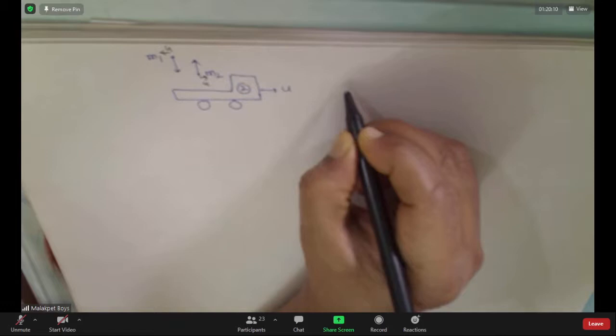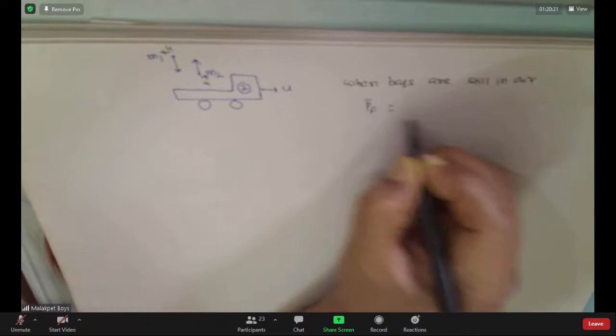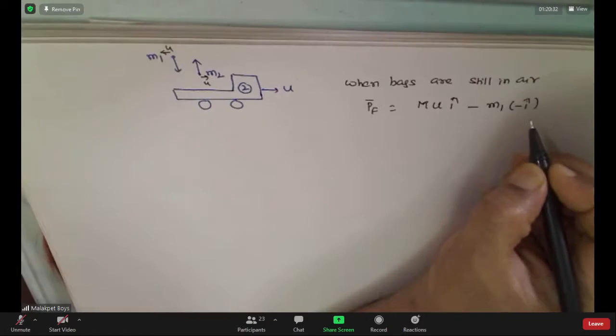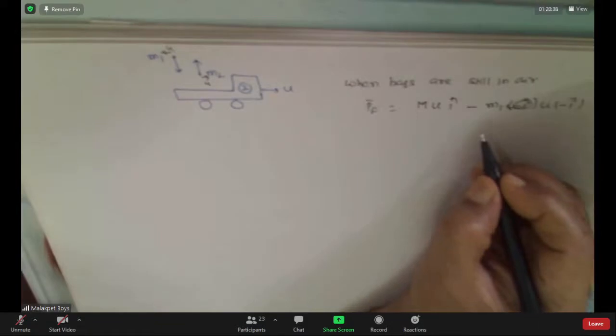So, when the bags are in the air, this is M2U. M1 is removed, no? Agreed?